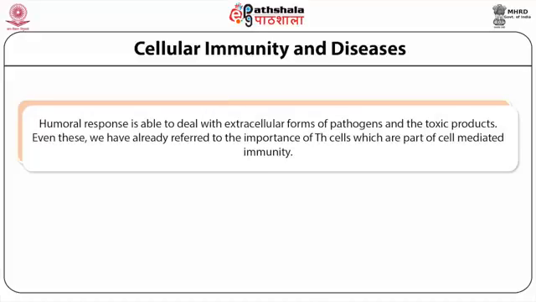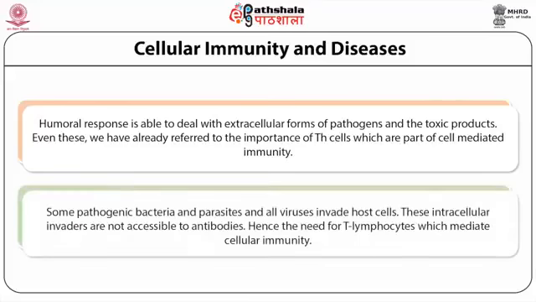Humoral response is able to deal with extracellular forms of pathogens and the toxic products. Even here, we have already referred to the importance of the Th cells, which are part of the cell mediated immunity. Some pathogenic bacteria and parasites and all viruses invade host cells.